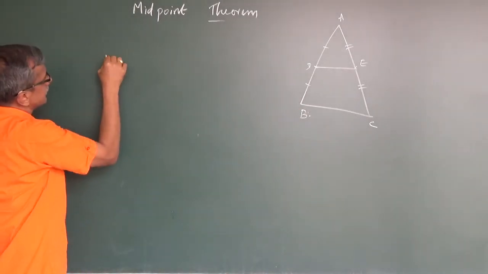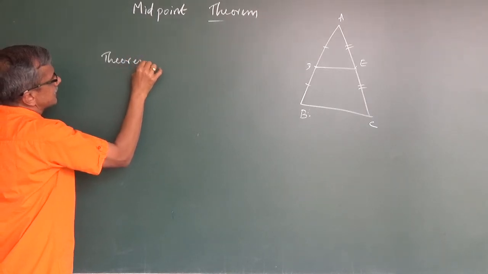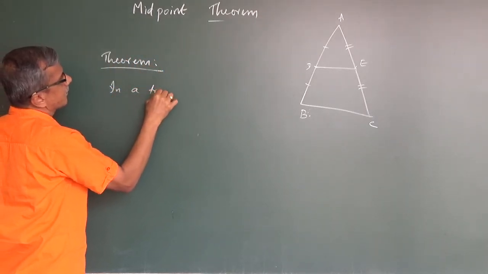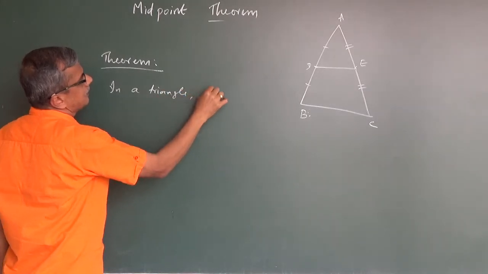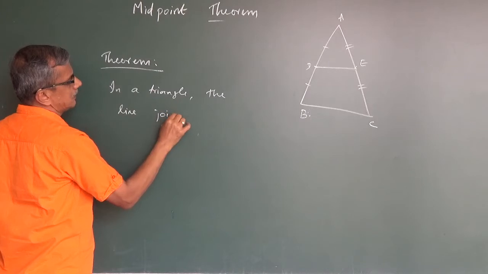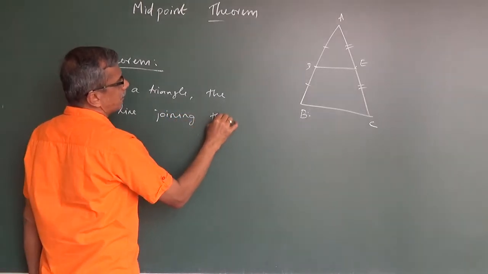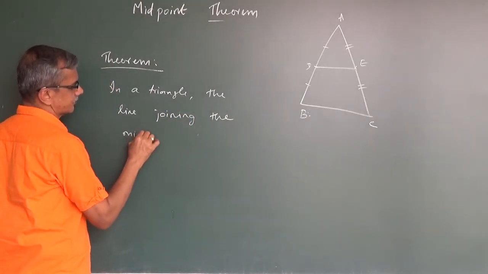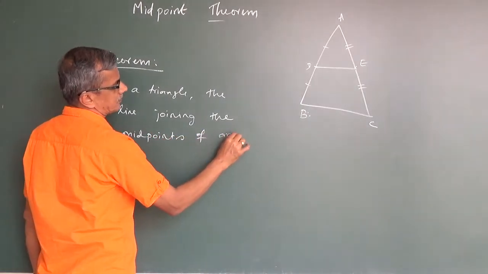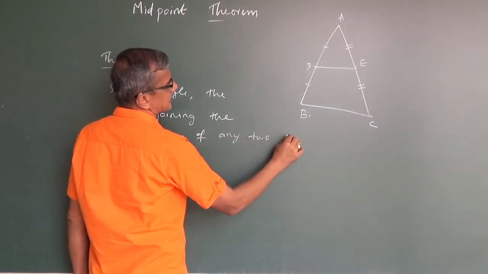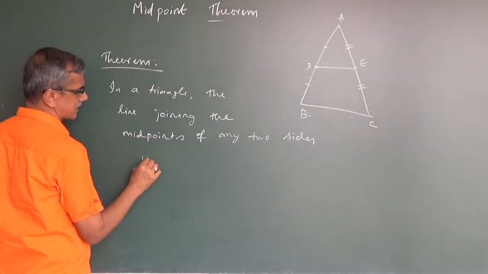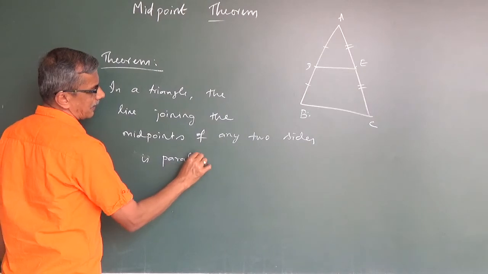What is the statement of the theorem? The theorem says like this. The midpoint theorem: in a triangle, the line joining the midpoints of any two sides is parallel to the third side.